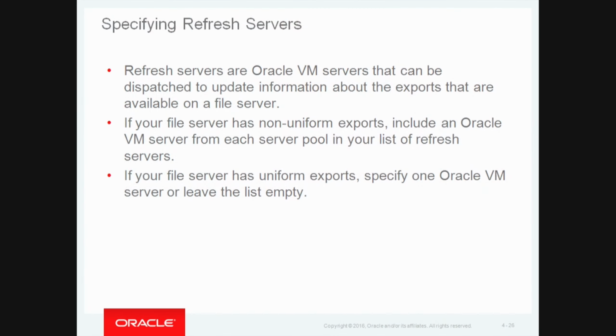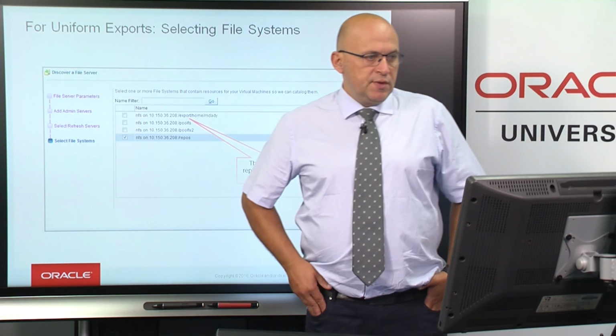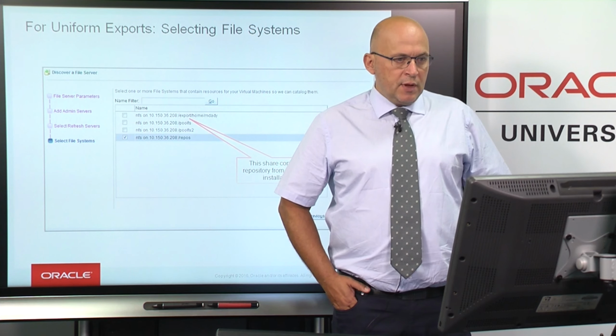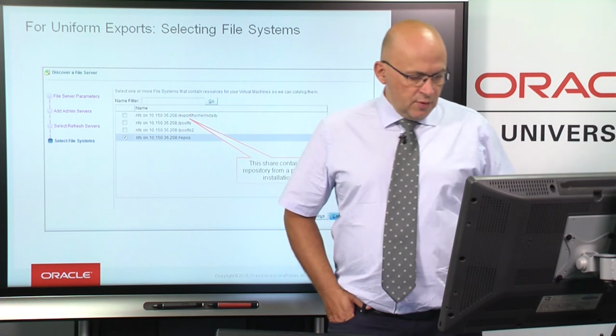If the server has non-uniform exports, then you have to include at least one Oracle VM server for each server pool to be a refresh server. Now, if you have uniform exports, you might skip this step, and you can work seamlessly without any issues.